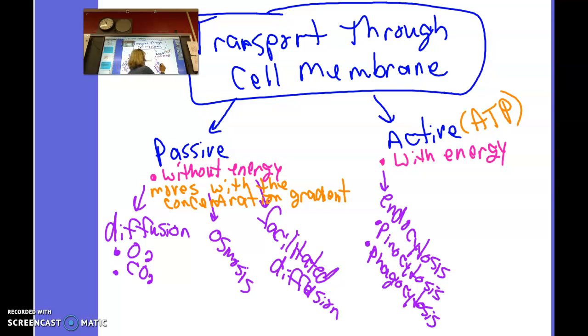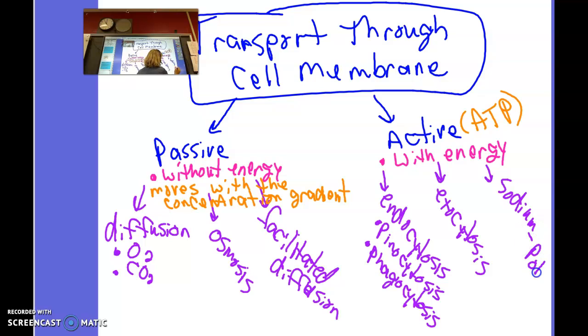So cyto is Latin for cell. That's why we see this cyto this and cyto that. Exocytosis. And then the other one that we kind of mentioned was the sodium potassium pump.